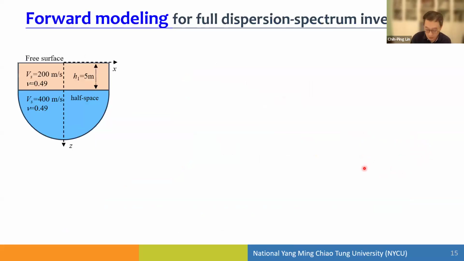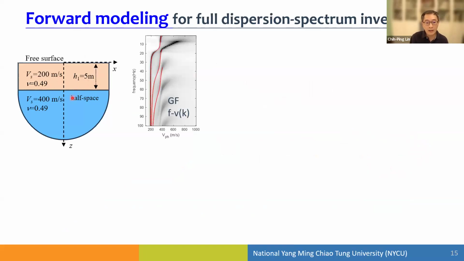So how forward modeling works is you have a layer model, and you find the solution in the transform domain, the Green's function, in frequency and phase velocity. This is the solution subject to a unit load, and it is not a function of source-receiver location.